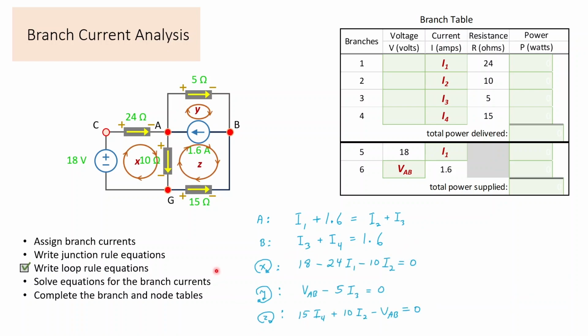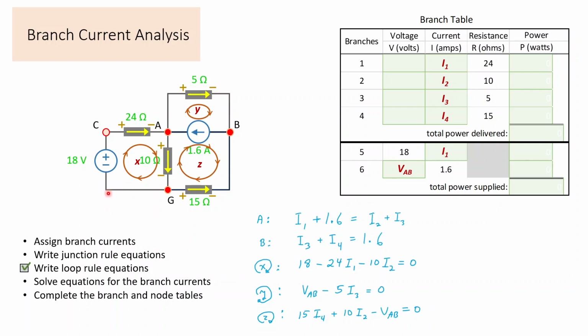Next, the loop rules. And in the beginning, it's easier just to deal with mesh loops. And so I have 3 small clockwise loops, X, Y, and Z. And the loop rule is an equation for volts. Basically, the sum of the voltage changes around any closed loop must equal 0.